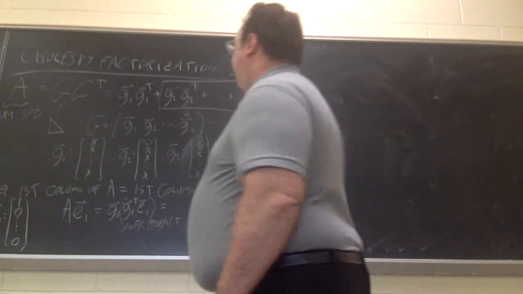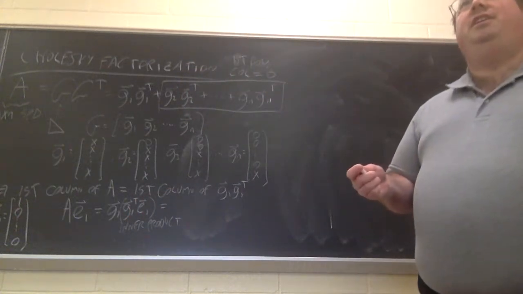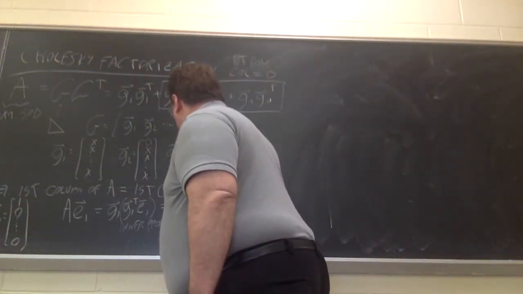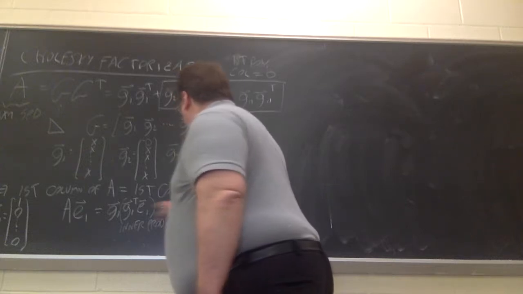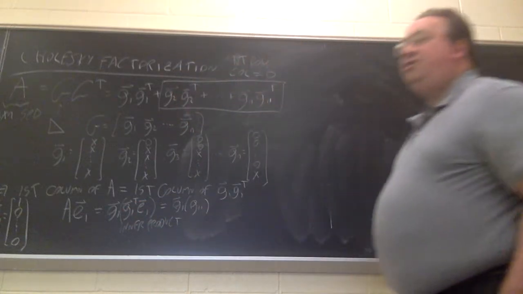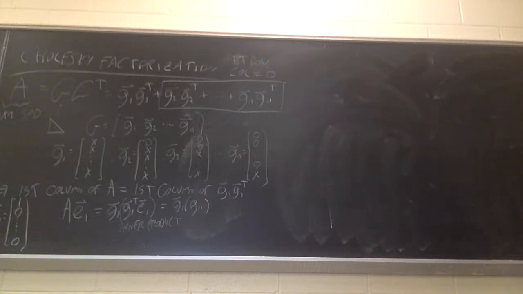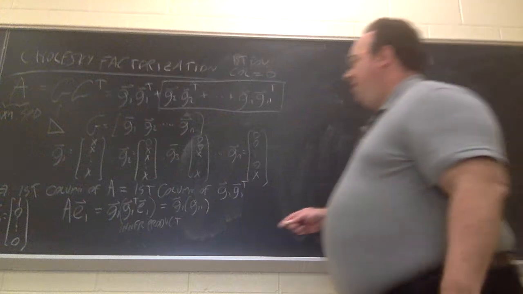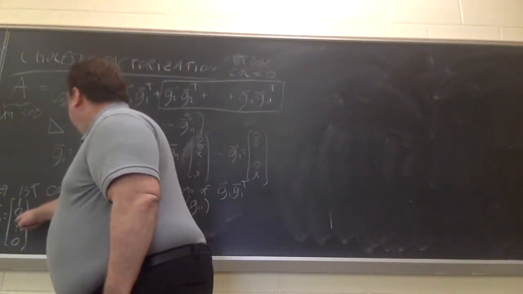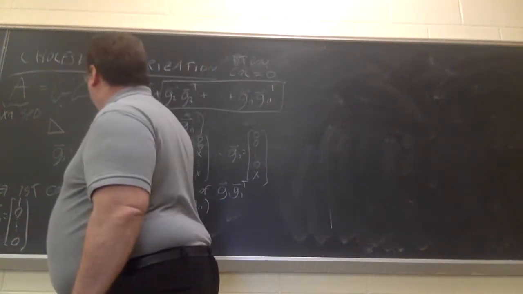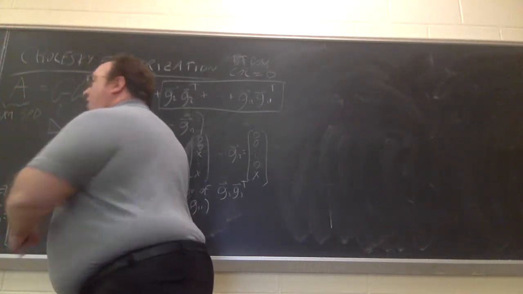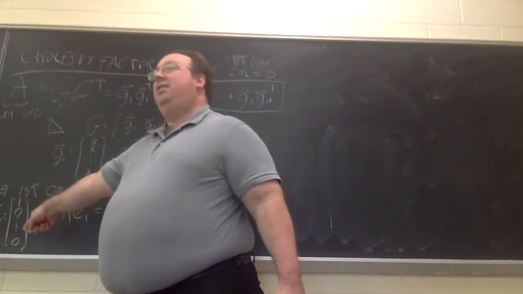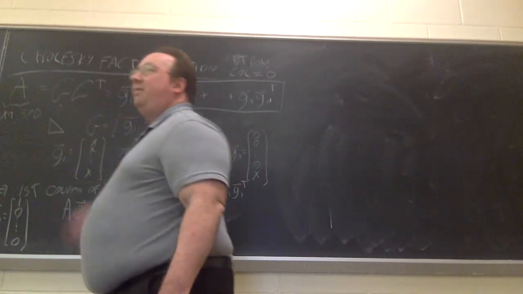It's the first element of G1. So I still have this vector here, and then that dot product is just G11. And the reason for that is, what is a dot product? I'm taking elements of this, multiplying corresponding elements, and then adding them all up. But everything here is 0, except for the first one. That's why it's only going to take the first element.